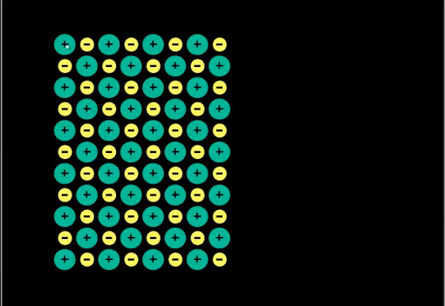Okay, so this is a plus, and it has to be surrounded by the minus, plus, minus, plus, minus. So this is a perfectly aligned lattice structure.